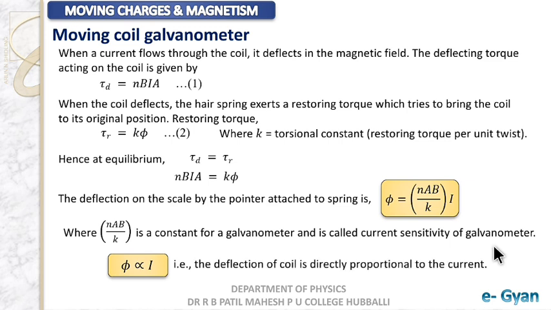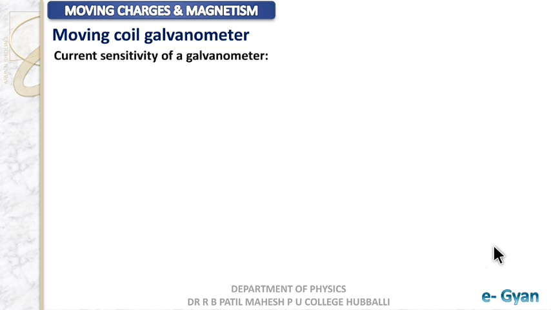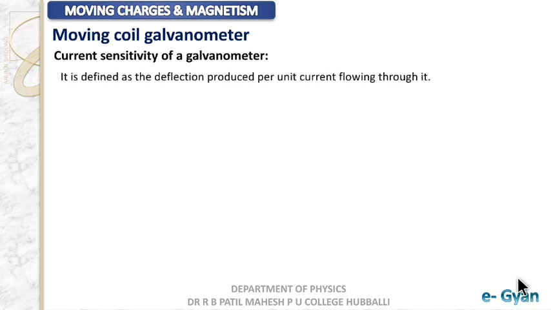Yes. So let us proceed ahead and try to study current sensitivity of the galvanometer. It is defined as the deflection produced per unit current flowing through the galvanometer.